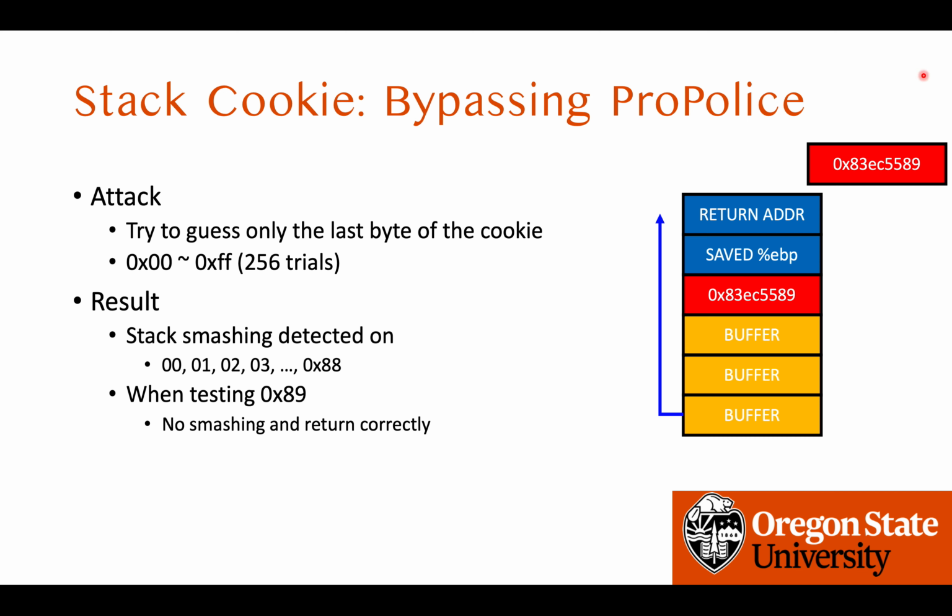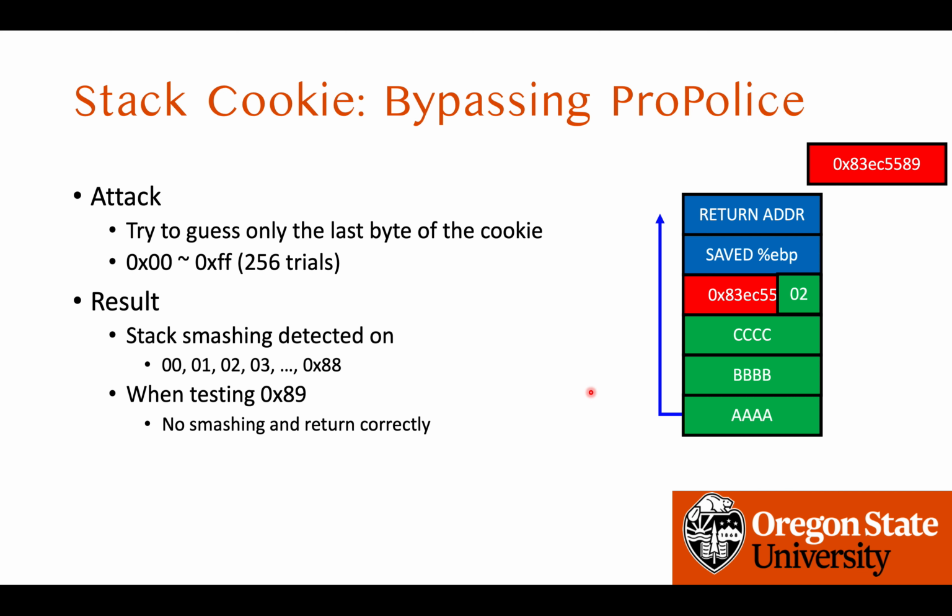That is, we will not overwrite the cookie value as a whole. Instead, we will overwrite only one byte. For example, the buffer overflow could be like this, and we only overwrite the last byte of the stack cookie. If this smashes the stack, we will increase the value.